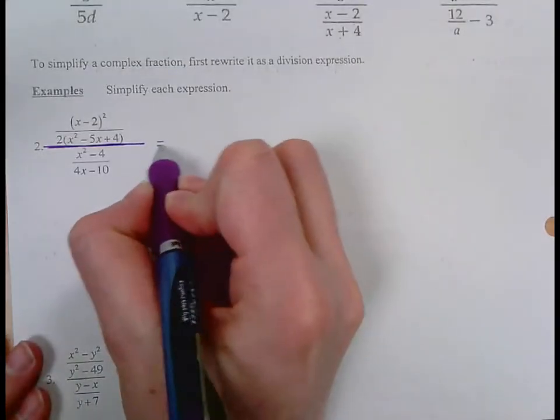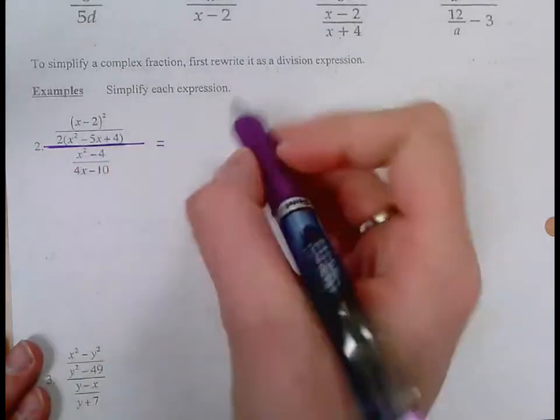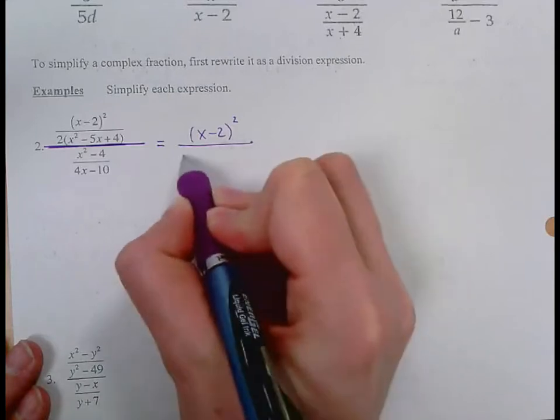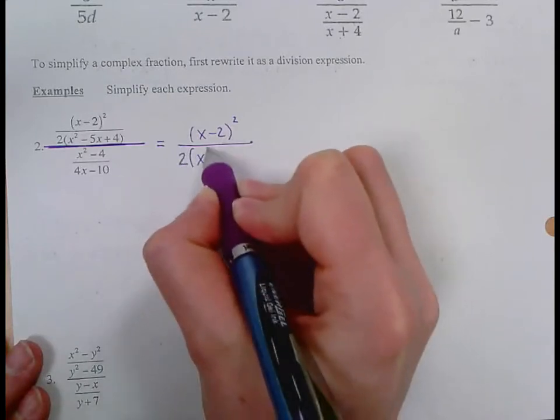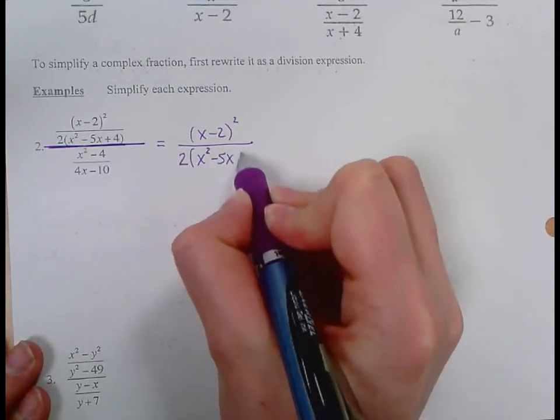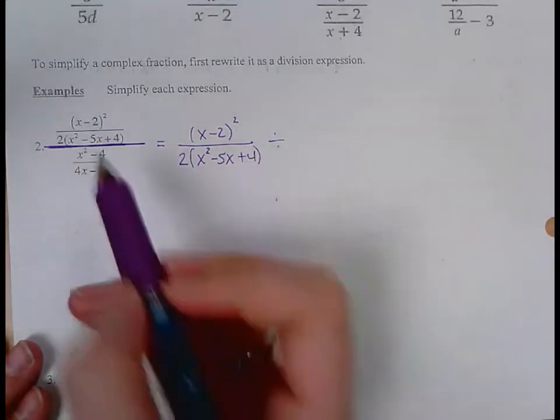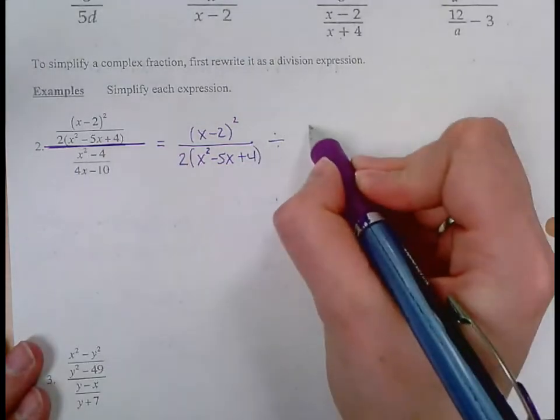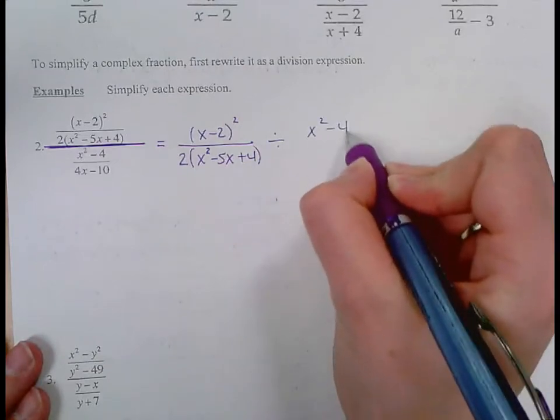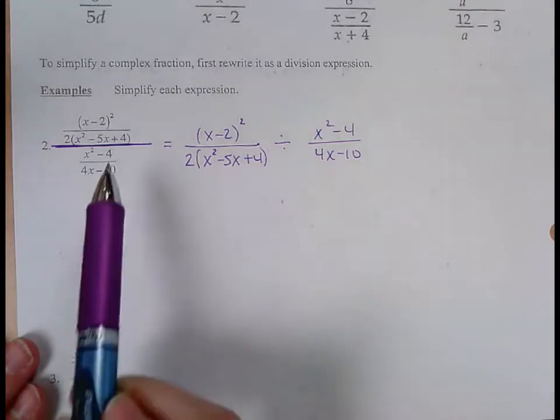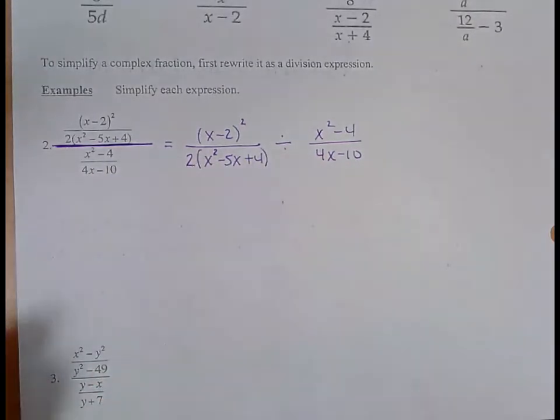So this really means I have my top fraction, x minus 2 quantity squared over 2 times the quantity x squared minus 5x plus 4, divided by the bottom fraction, x squared minus 4 over 4x minus 10. Okay, these are equivalent the way I have that written.